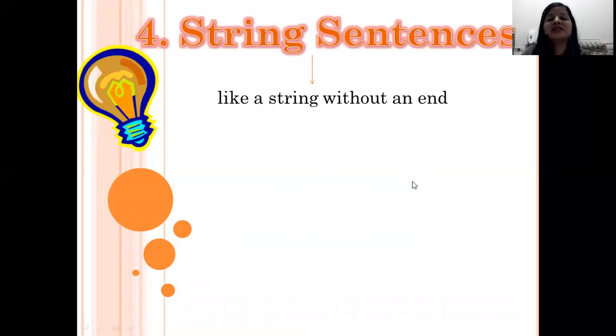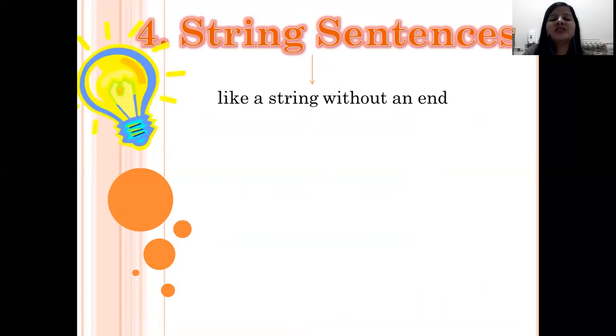For the next topic, string sentences, it is important to note that string sentences with too many clauses usually connect with and, but, so, and other connectors. It often results in writing or speaking like a string without end. For example, I continue talking, talking, talking, and I can't end, so like this.